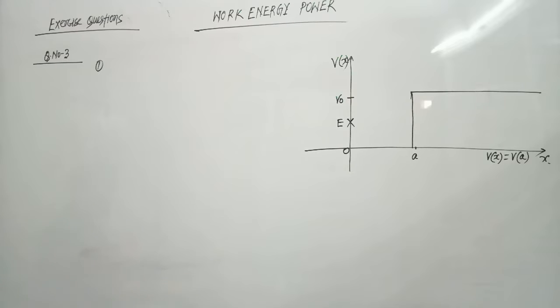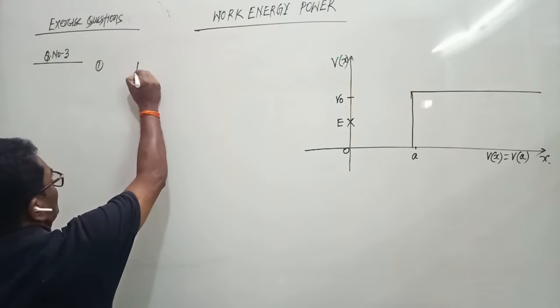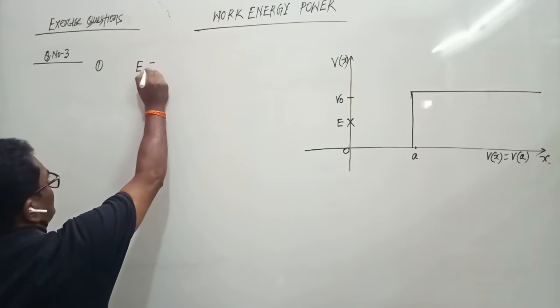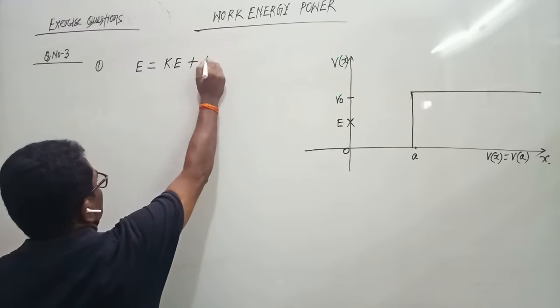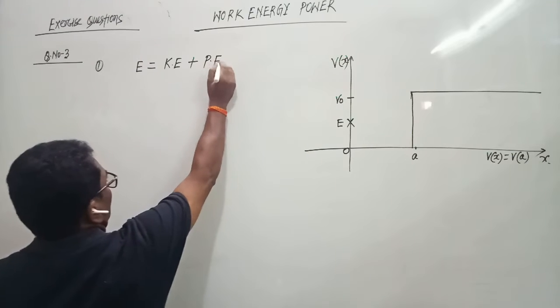So we know the total energy E equals kinetic energy plus potential energy.